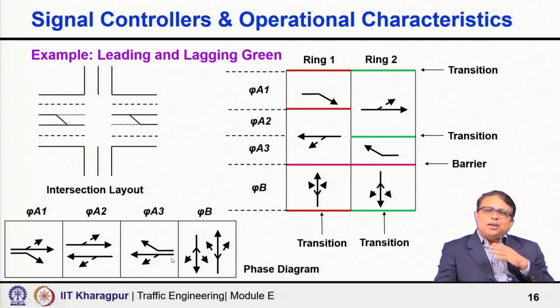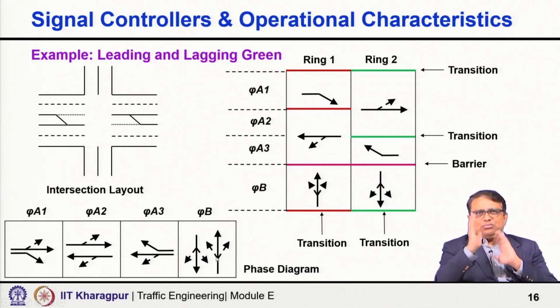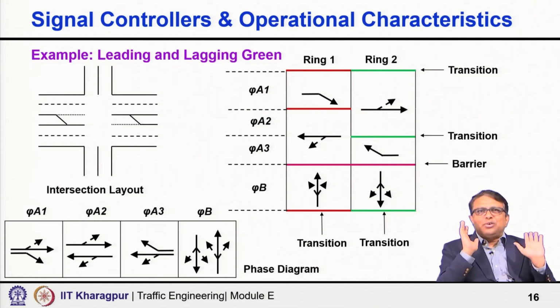Phase 3 is the same as phase 1, phase A1, where the vehicles are approaching from the east side, and phase B is where north south movements are allowed.